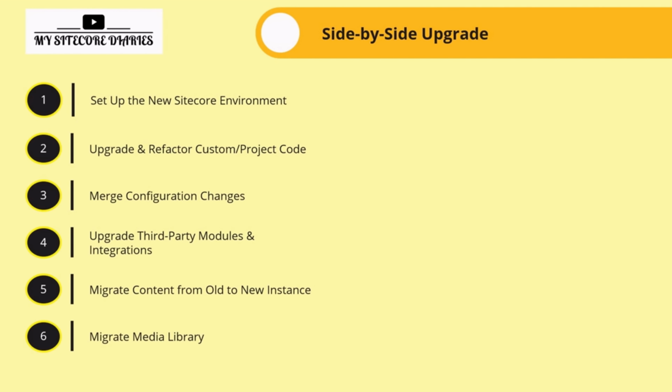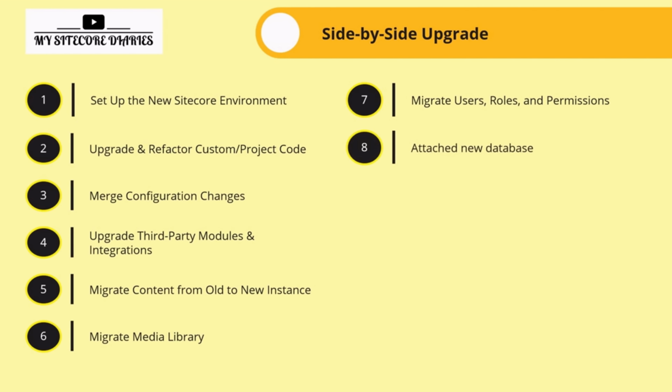Then you have to migrate your media library. If it is in the database, it will be migrated automatically when you update your database. If not, you have to see how you can migrate the media library files. Then you have to migrate your user roles and permissions. You can create packages for that.